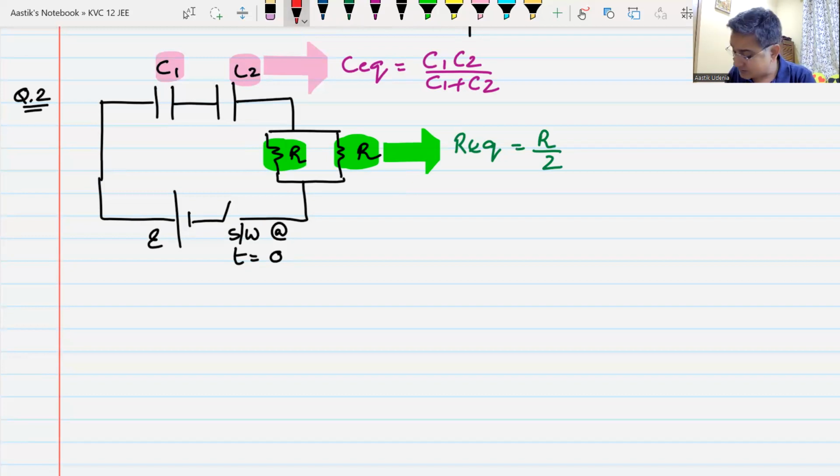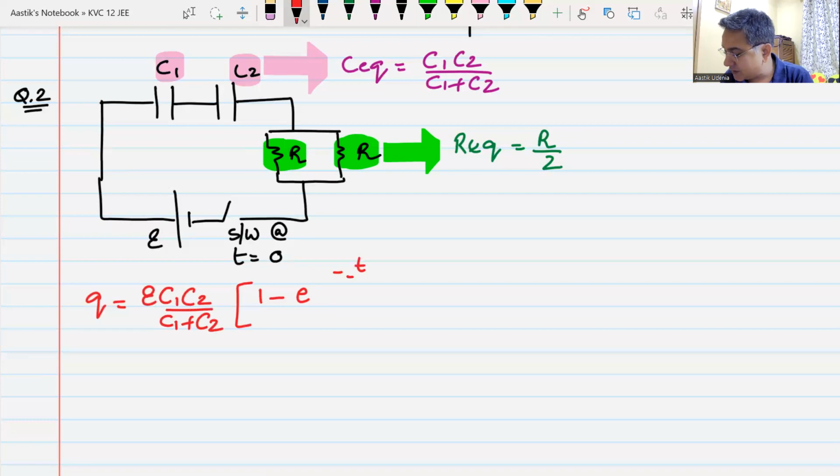Charge on the capacitors as a function of time would be E into C equivalent, which is C1 C2 upon C1 plus C2, into 1 minus e to the power minus t by R by 2 into C equivalent.